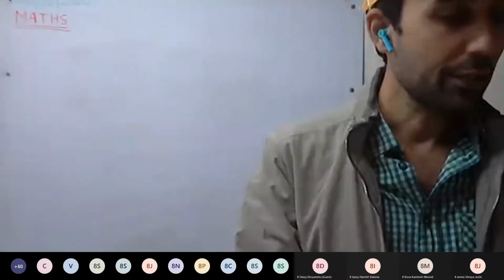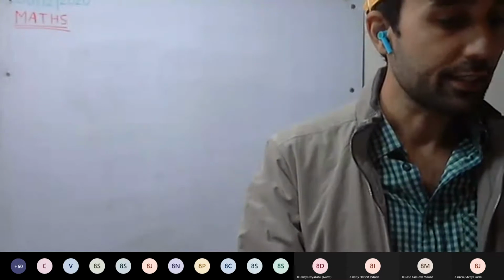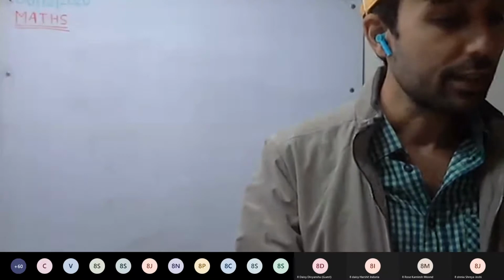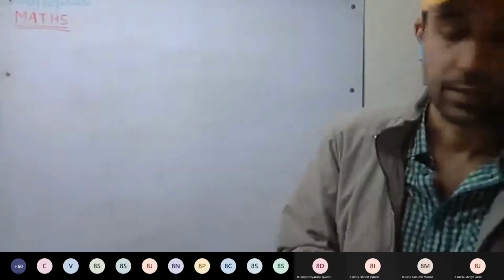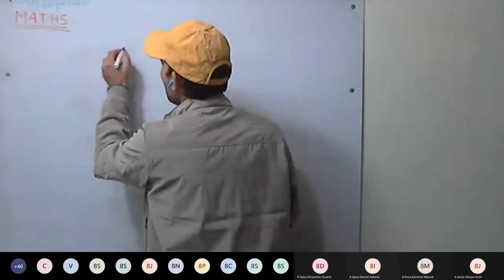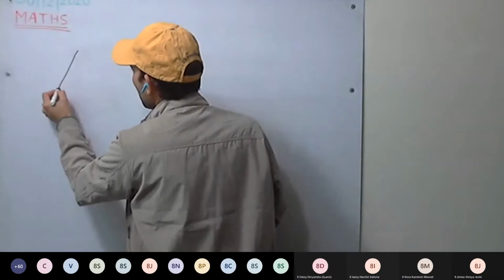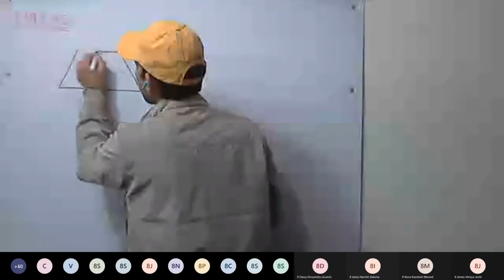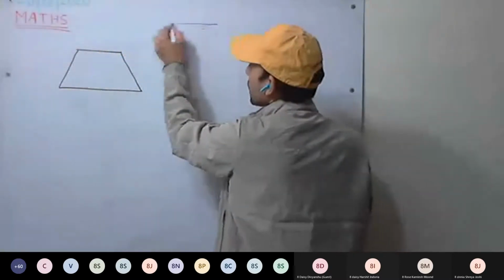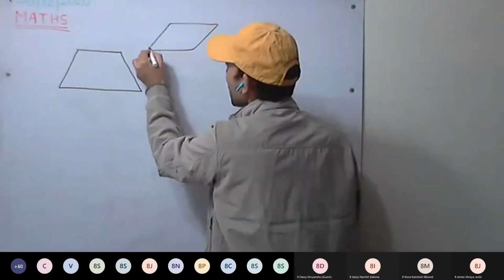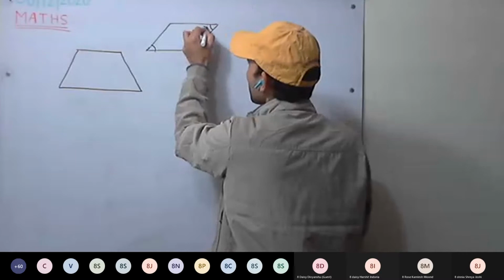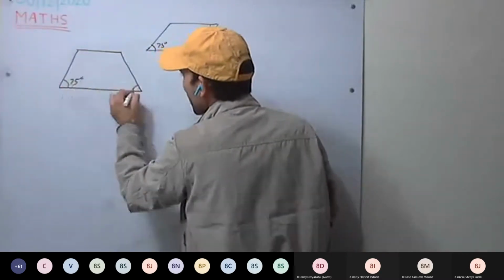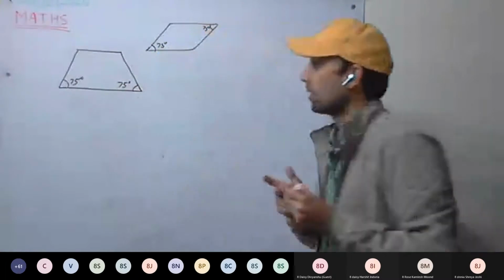Okay. Two angles of a quadrilateral are 75 degree each. So two angles of quadrilateral are given, that is 75 degree each. You can draw like this, or you can draw like this as well. These two angles can be 75 degrees, or these two angles can be 75 degrees.